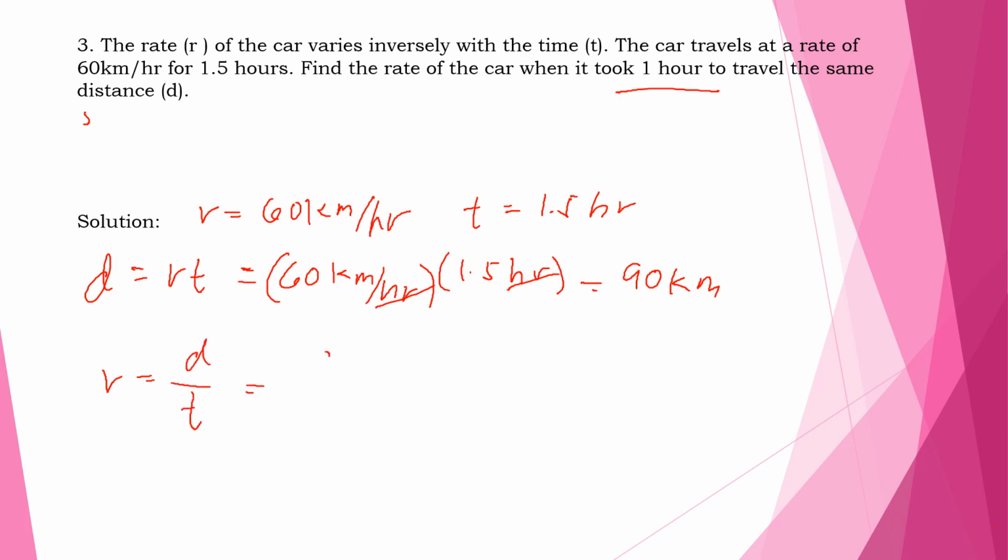Our distance is 90 km over 1 hour. So 90 divided by 1 is 90 km per hour. Therefore, the faster the car travels, the shorter time it takes to travel the same distance.